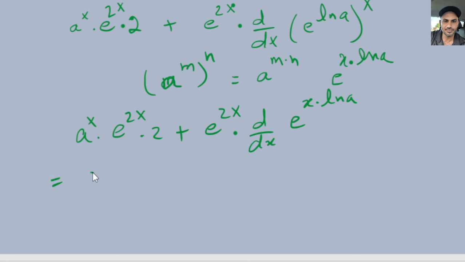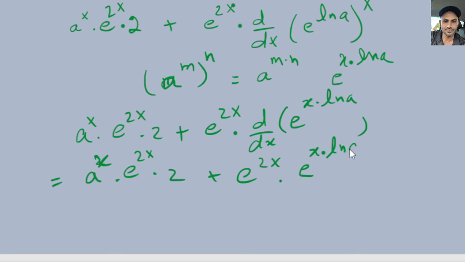So in the next step, I'm going to take the derivative of this portion right here. So a to the x times e to the 2x times 2 plus e to the 2x. Now here we have the derivative of e to the x ln of a, so we're going to apply the chain rule here. So we're going to get e to the x times ln of a times the derivative of the exponential term, d over dx of x times ln of a.